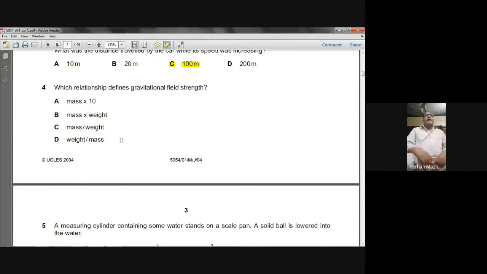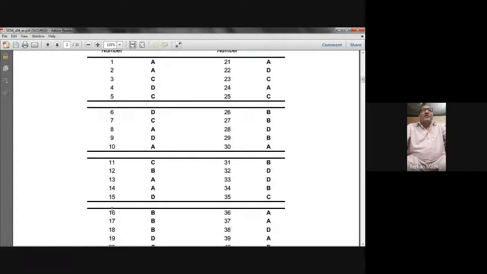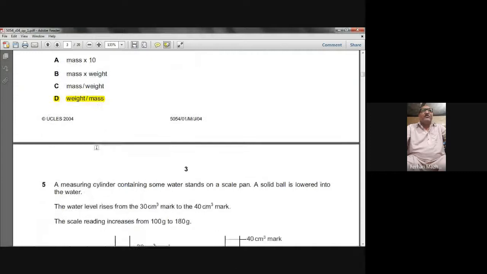Which relationship defines gravitational field strength, which is small g? Clearly, the D is the right option. Do you understand this? For question number 4, the D is the right option. We have also taken the D option.